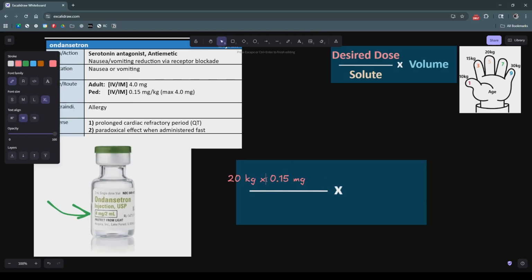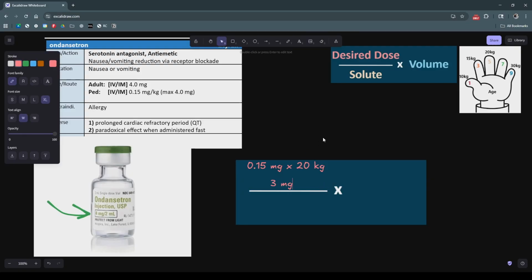So we throw that into the old calculator: 20 times 0.15, and I come up with 3. So our desired dose is 3 milligrams.